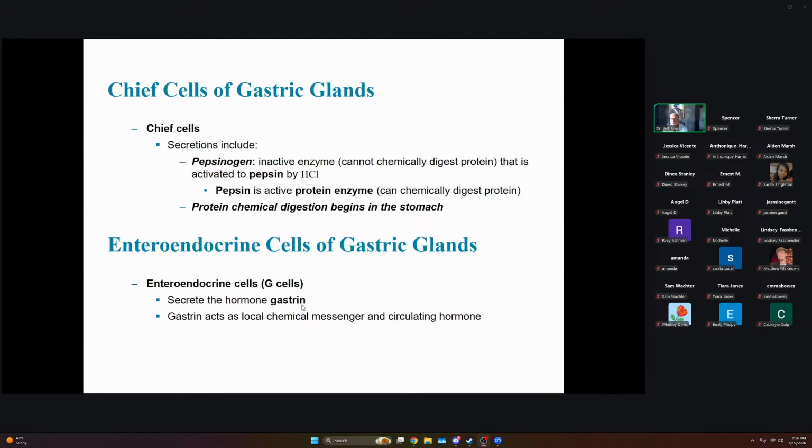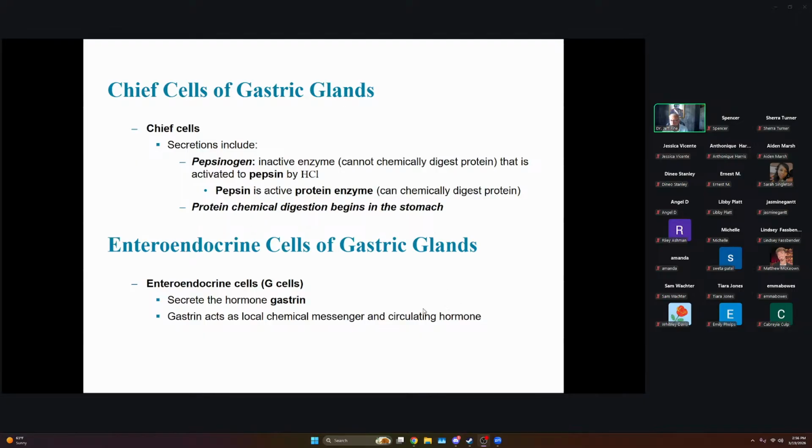And gastrin, we're going to talk about it more in the coming slides, how it does this. But gastrin is a local chemical messenger. And remember, we talked about local chemical messengers, meaning that it's a hormone that can send a signal within the same organ, okay?